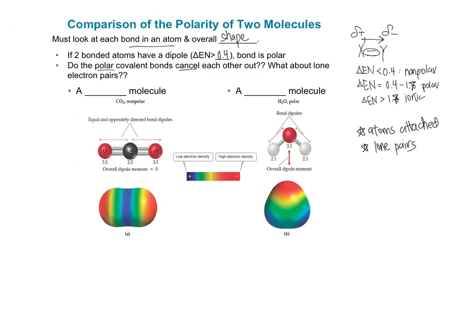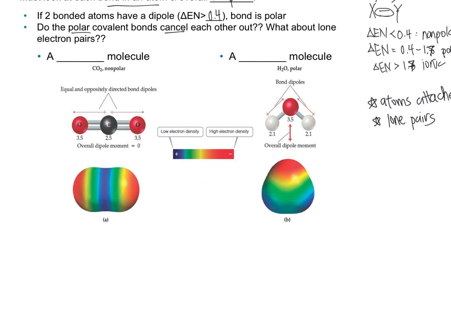If we look at something like carbon dioxide here, carbon has an electronegativity value of 2.5 and oxygen 3.5. So there's definitely a big pull towards those oxygens. When we draw the Lewis structure for this and look at the shape, there are two electron domains with these two double bonds giving us a linear structure.